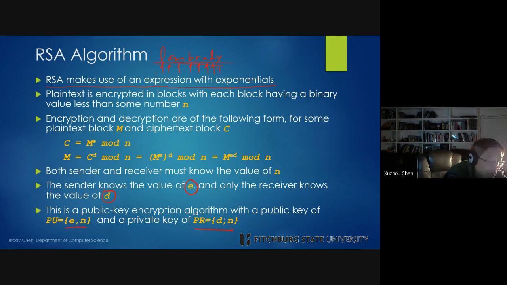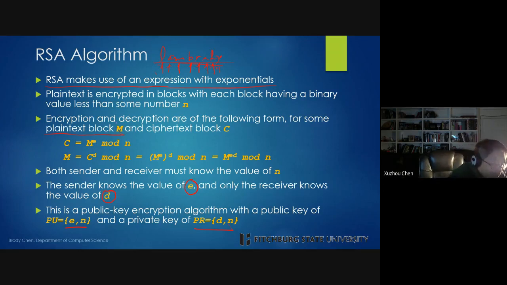Once we got the keys e and d, then the encryption is pretty simple. So for the plain text, the original message, suppose we encoded the message into a number, a pretty big number.